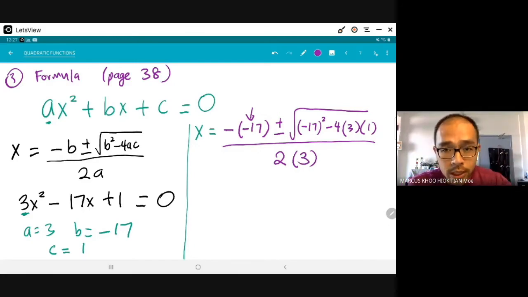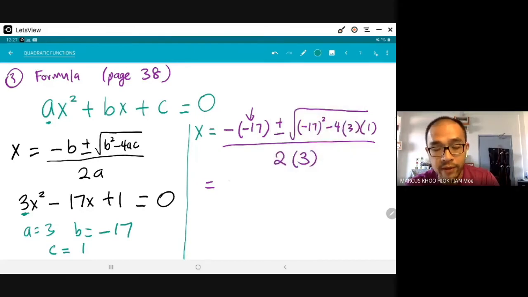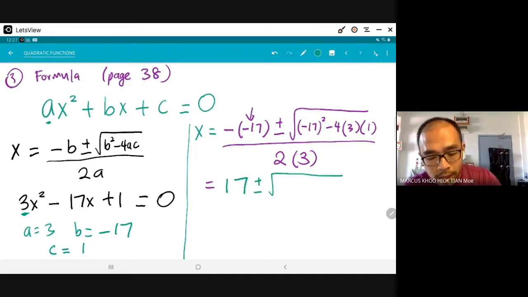Now, when you come to this stage, saya cadangkan kamu settle part by part. Kamu settle dulu yang di luar ini. So negative 17 will just be 17 saja. Then you kekalkan the plus minus. Di bawah ini kira satu kali gus di dalam kamu punya calculator.